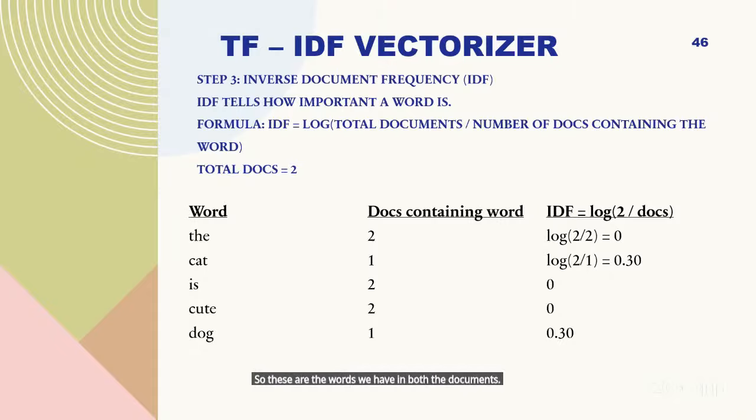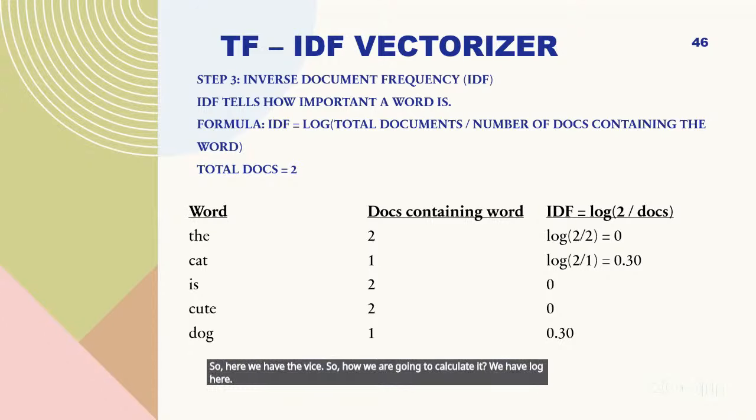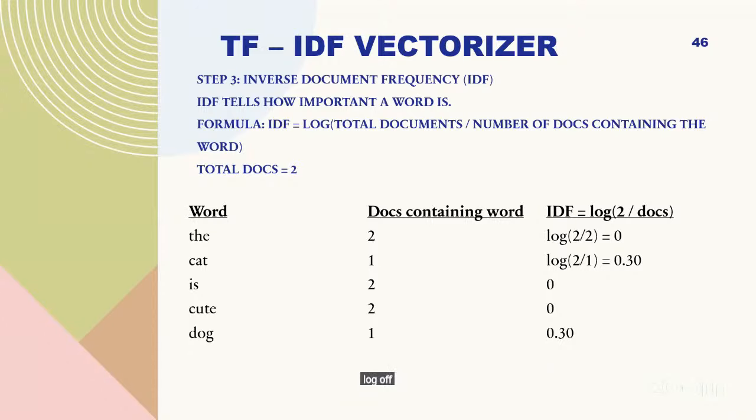We are going to find out which word is important. So here we have the twice. How are we going to calculate it? We have log of the total number of documents, here 2, divided by the number of documents containing the word.